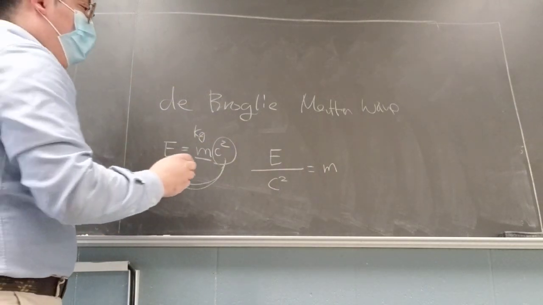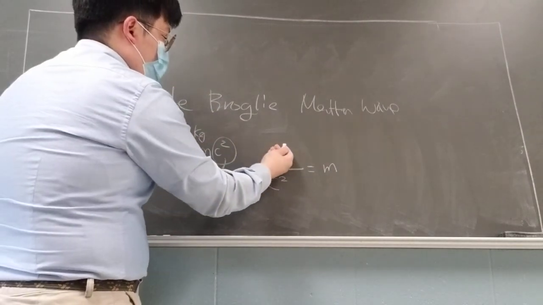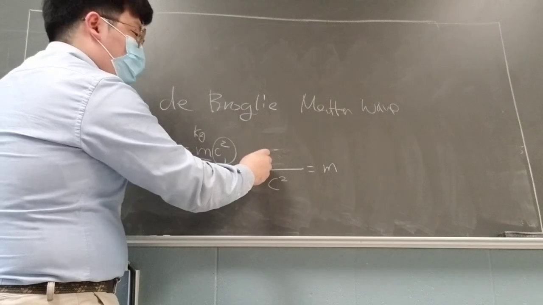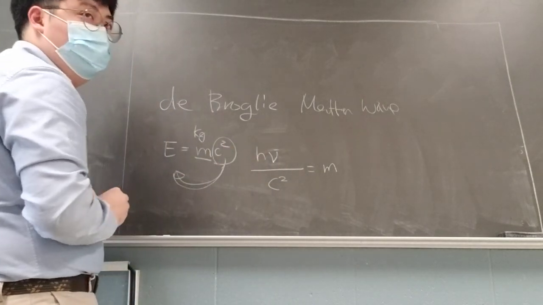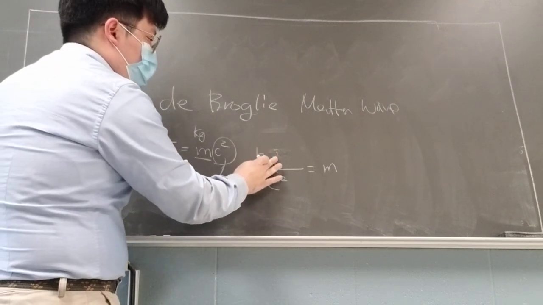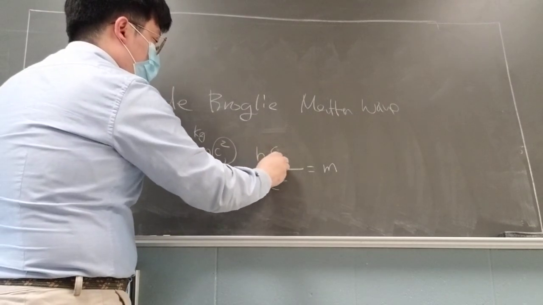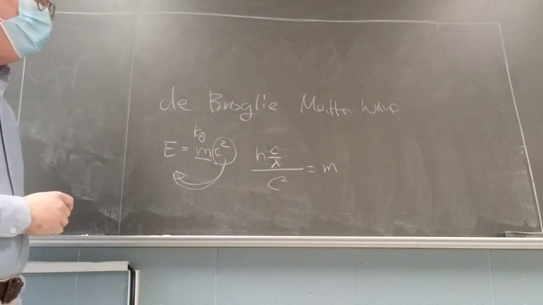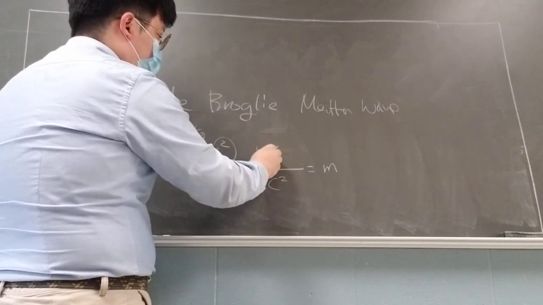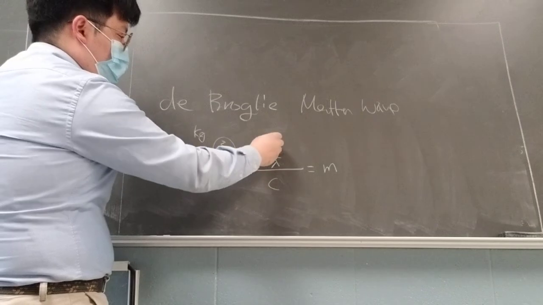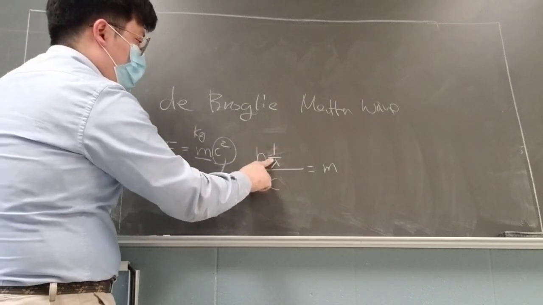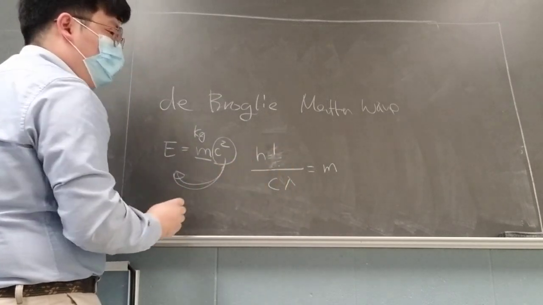And then, as we know, the energy is equal to what? Planck constant times frequency. And frequency is equal to what? C over lambda. Okay? So you can cancel one of them, and this is one of the lambda, so you can actually balance it there.